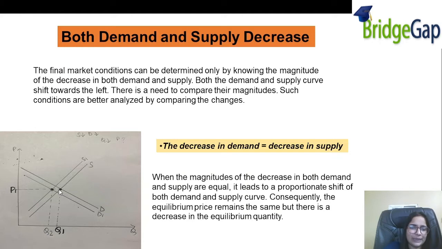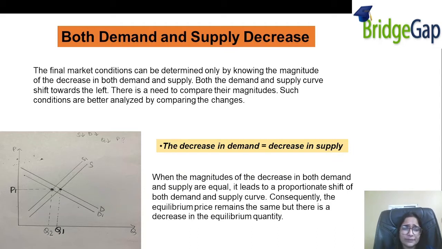This was the market equilibrium, but now our new market equilibrium will shift to the new S1 and D1. What is the impact? The price is the same in this situation, but the quantity has decreased. So with a proportionate decrease in the demand and supply curves, the price remains the same but the equilibrium quantity declines.